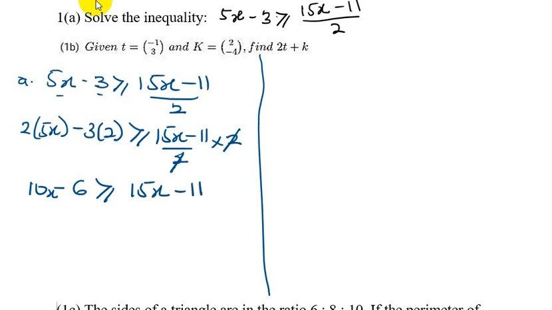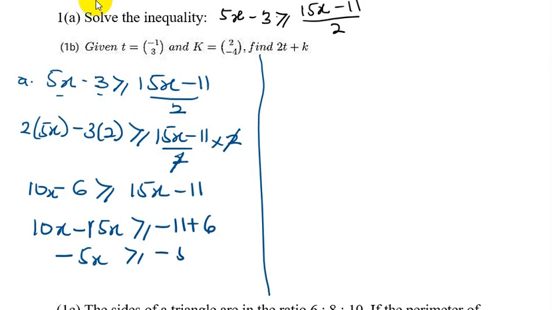Then we group like terms. We get 10x, then the 15x crossing becomes minus 15x, greater than or equal to minus 11, then minus 6 crosses to be plus 6. So this side gives us minus 5x greater than or equal to minus 11 plus 6, which gives us minus 5.